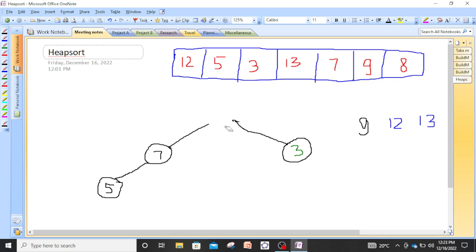Since you have removed 8, there will be no circle, and that 8 will come here in front of 9, and you observe that these numbers are sorted. This is the process, and we do the next process. The next process will be the same.